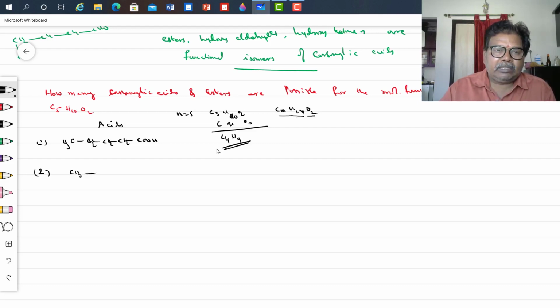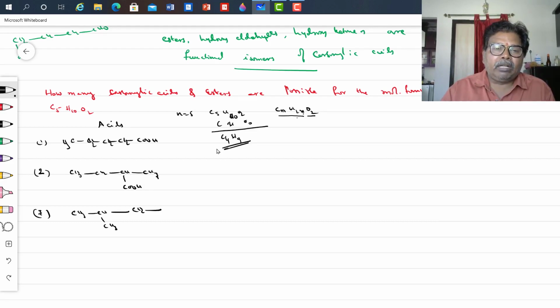See, CH3, CH2, CH, CH3. So this is secondary butyl. Add COOH. So we got one compound. Next, the isobutyl group. CH3, CH, CH3, CH2. This is the isobutyl group.